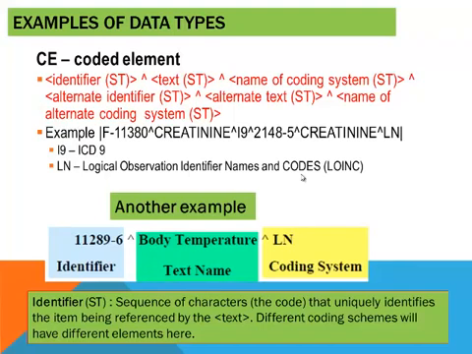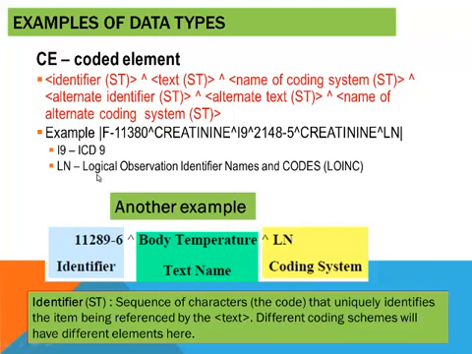This is another example of the coded element. The same, if you see here, this is the body temperature, this text describes it. This is the identifier corresponding to body temperature, specified in this specification.